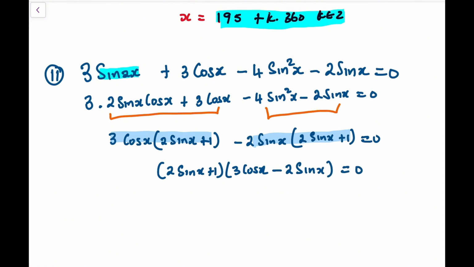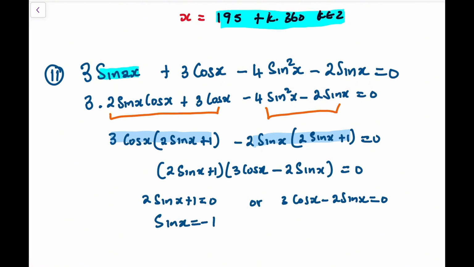Now the product is equal to 0. So that means 2 sine x plus 1 is equal to 0, or 3 cos x minus 2 sine x is equal to 0. And then here we are going to have sine x is equal to minus 1 over 2, or here you will notice that we have cos and sine, and these angles are the same.